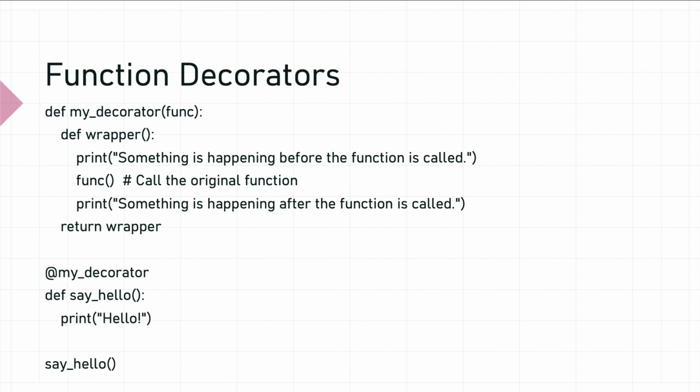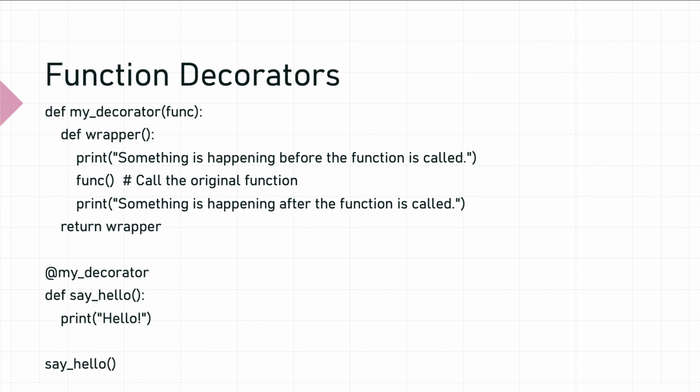Then, when we use the @my_decorator just above the say_hello function definition, which is like saying apply the my_decorator to the say_hello function. So when we call say_hello, it's actually the wrapper function that gets executed, and it surrounds the original say_hello function with extra behavior.